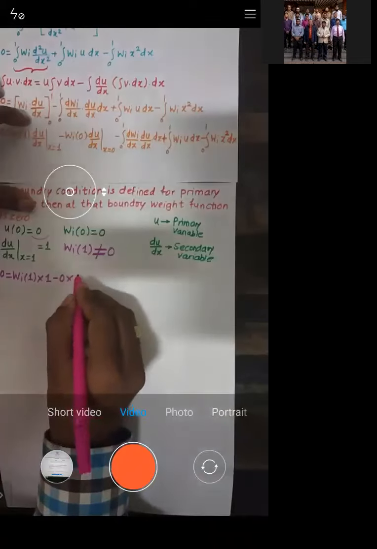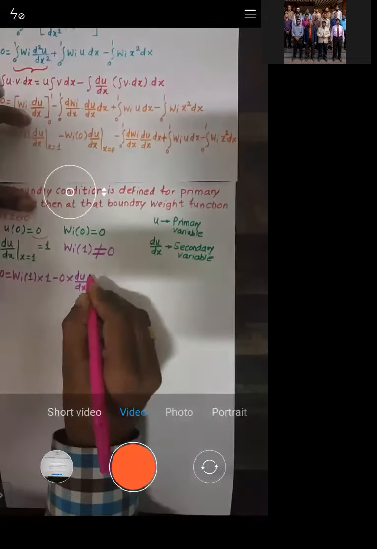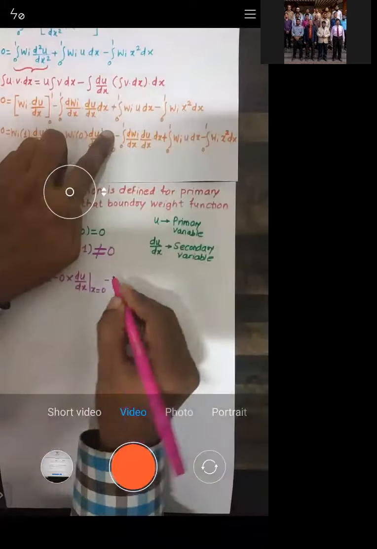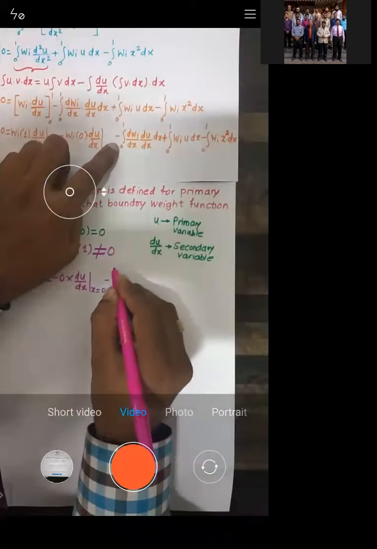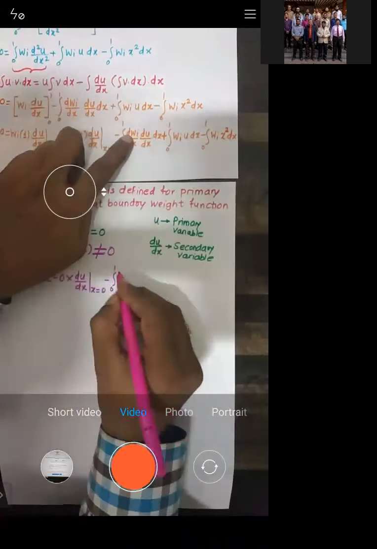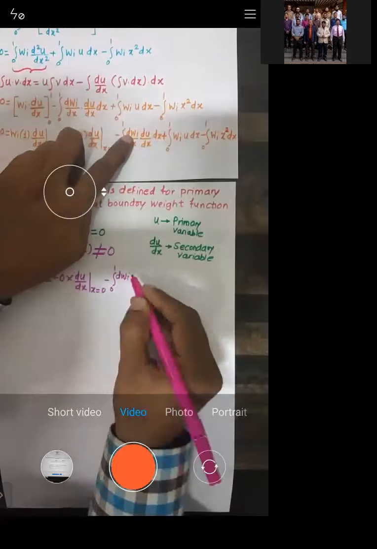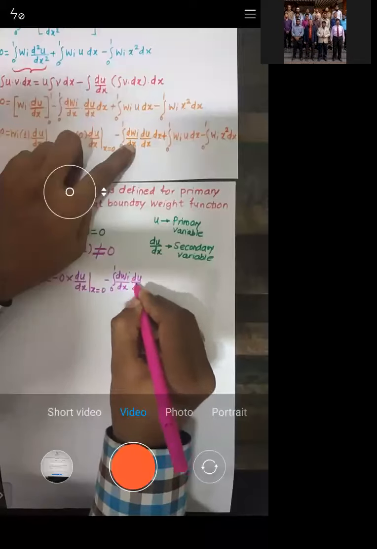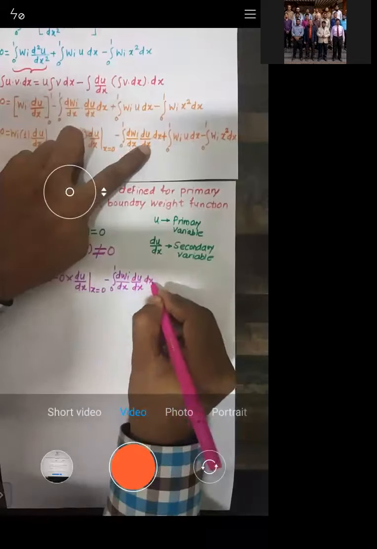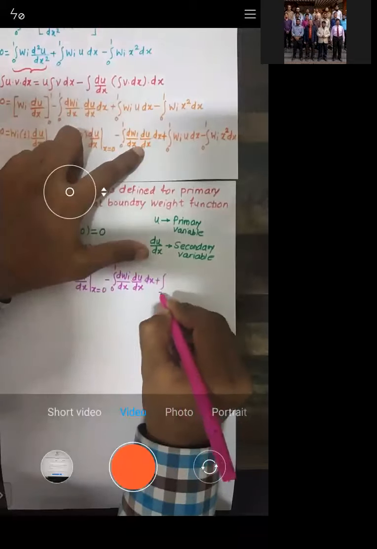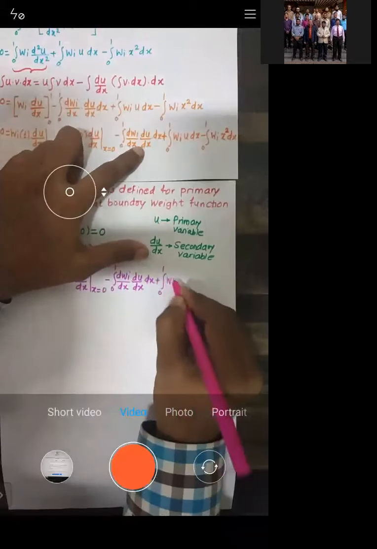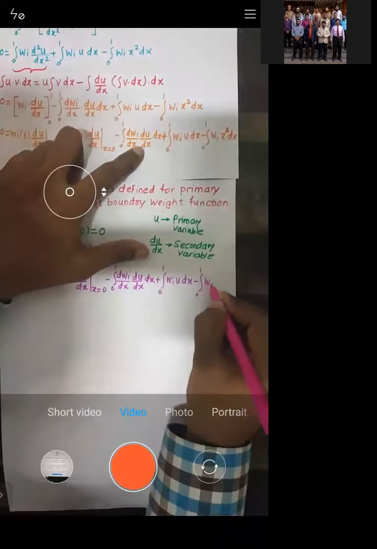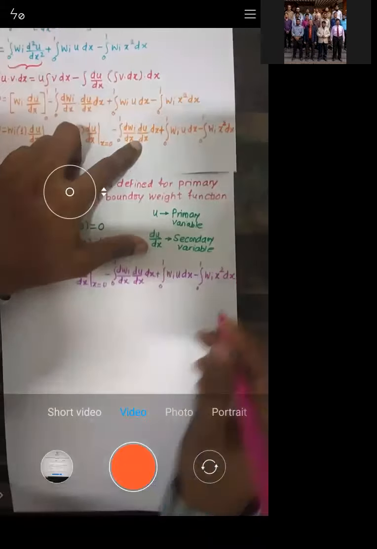So 0 into du by dx when x is equal to 0, minus integration 0 to 1, which I will write down as it is, dwi by dx into du by dx dx, plus integration 0 to 1 wi into u dx, minus integration 0 to 1 wi into x square dx.